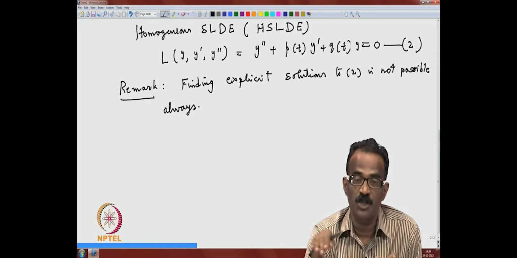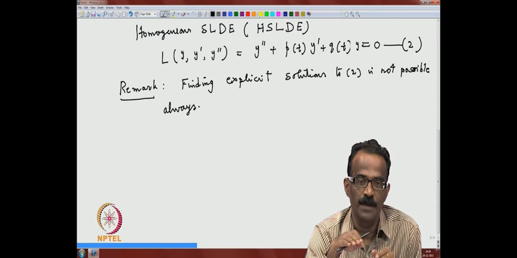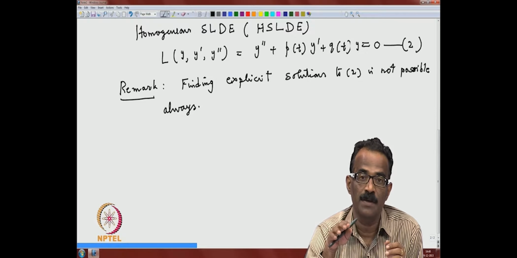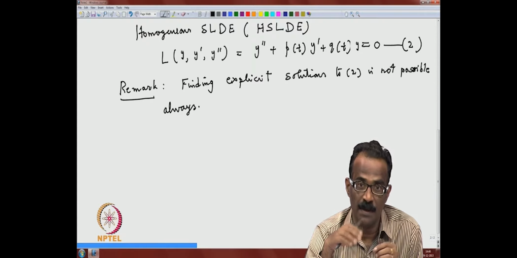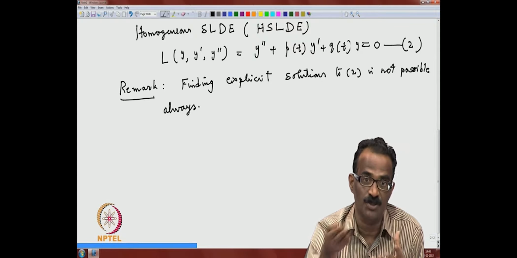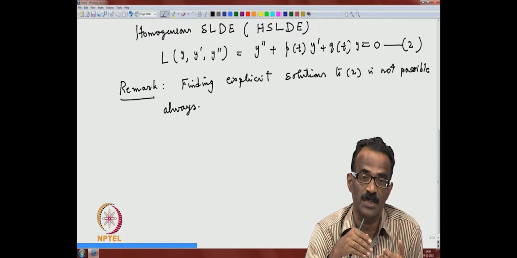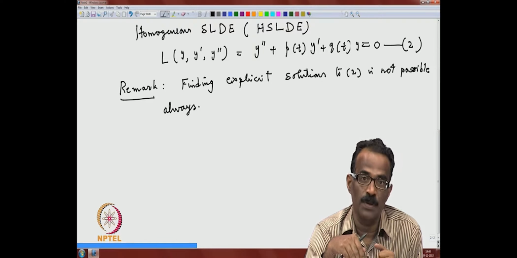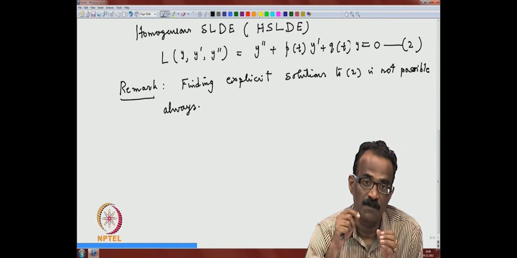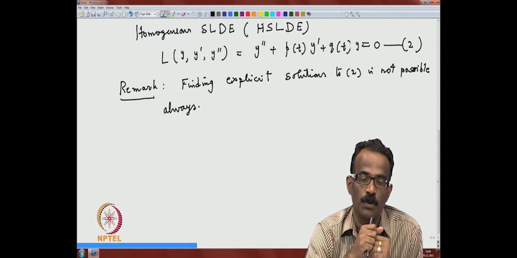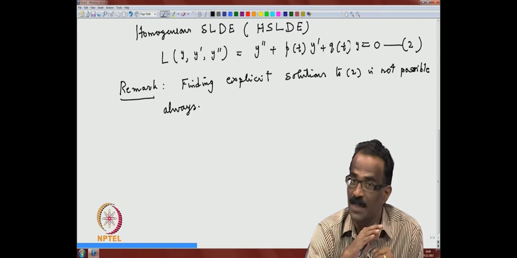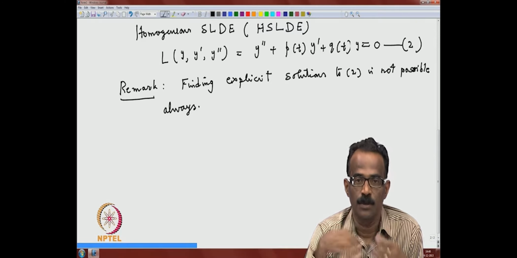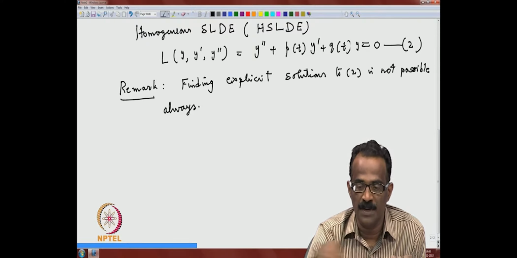But when the coefficients are functions of t, since there is no general recipe to write down the solutions, we need some methods. In the next lecture we will introduce 1 or 2 methods to find solutions. They may not cover everything, but in certain situations we may be able to find the solutions.